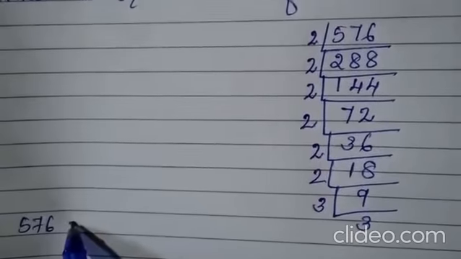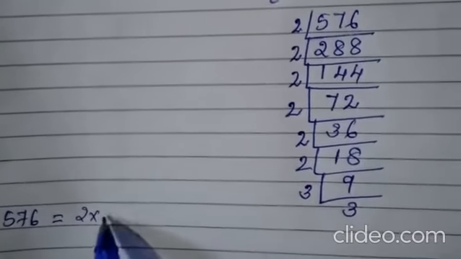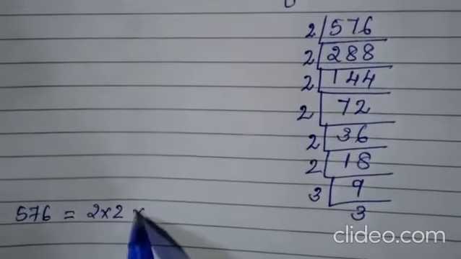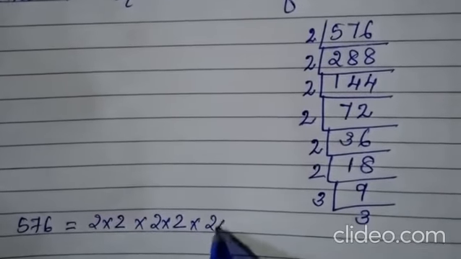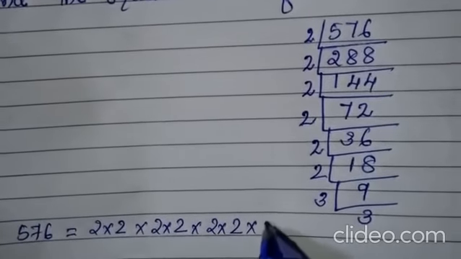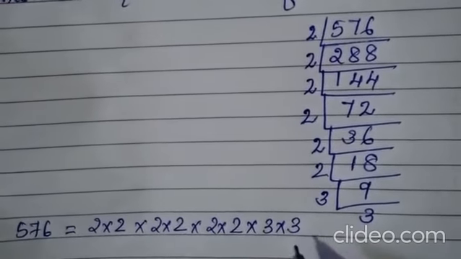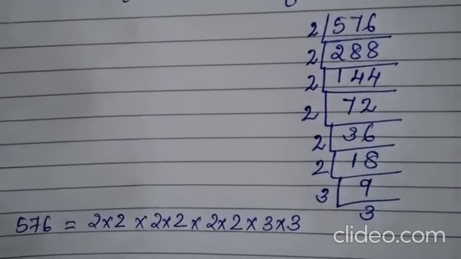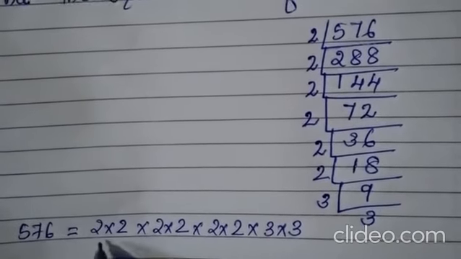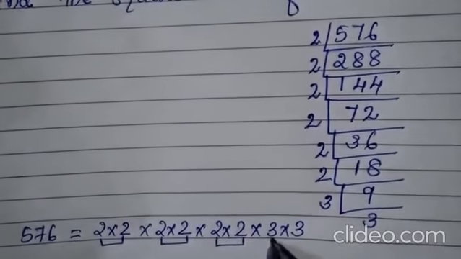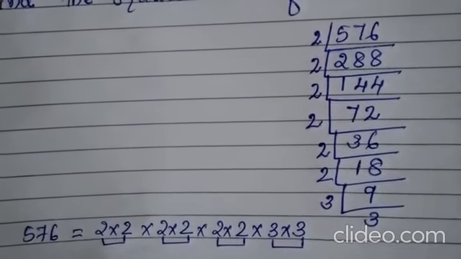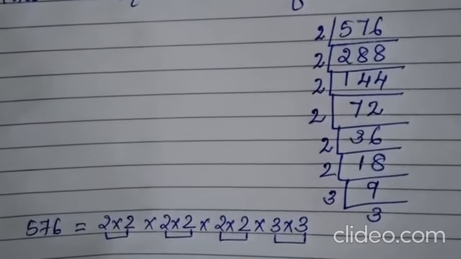576 equals 2 into 2 into 2 into 2 into 2 into 2 into 3 into 3. Then make the pairs of similar factors.